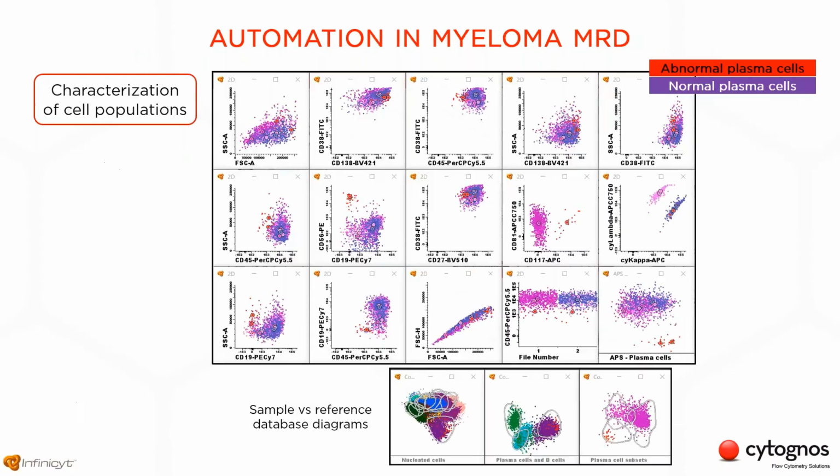Now let's see another example of automation in myeloma MRD. So here we can see the identification and characterization of both normal plasma cells and abnormal plasma cells after automation.